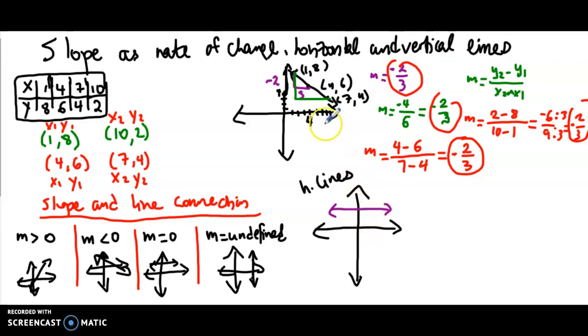I'm going to grab maybe 3 points. Assuming that I'm going by units of 1, this point would be 1 left and 2 up, so this would be negative 1, 2.